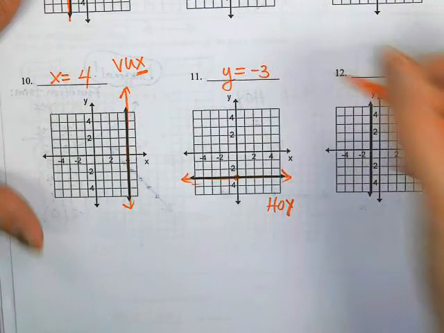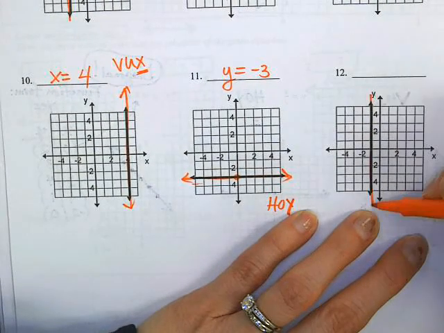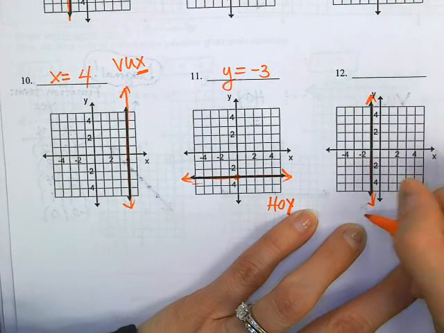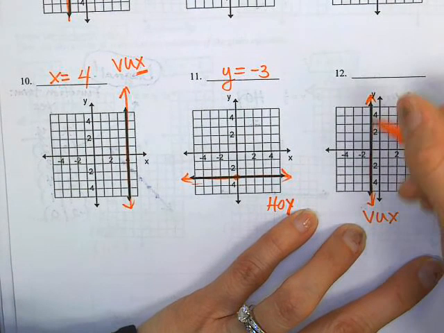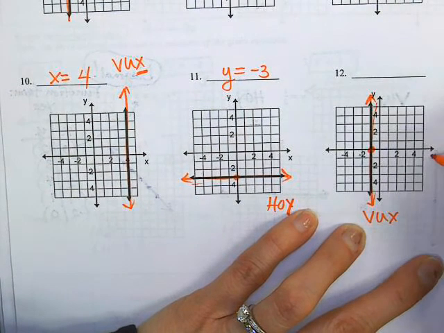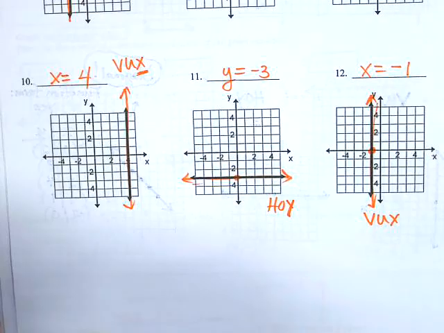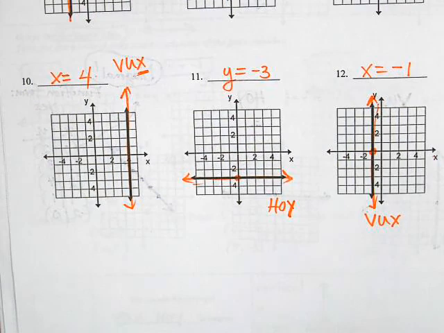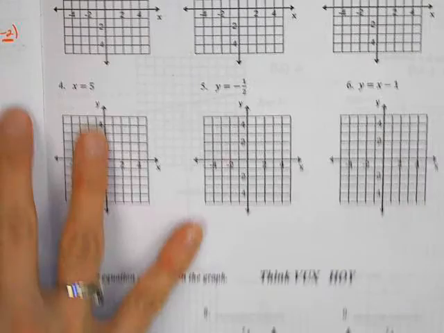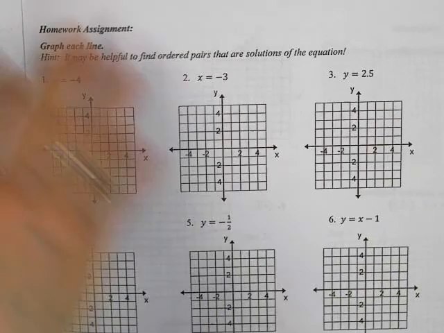Negative 3. This is a vertical line. Vertical line is Vux. This is touching the x-axis where? At x equals negative 1. Now it's your job to go to page 25 and work on vertical and horizontal lines. Right now, I want you to practice these.